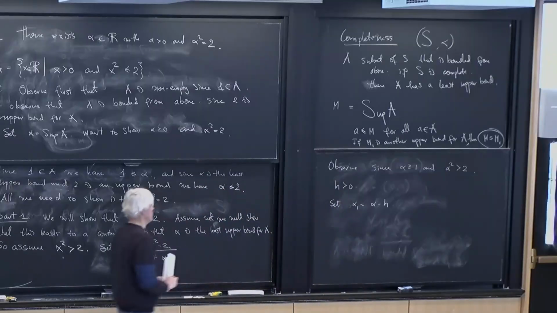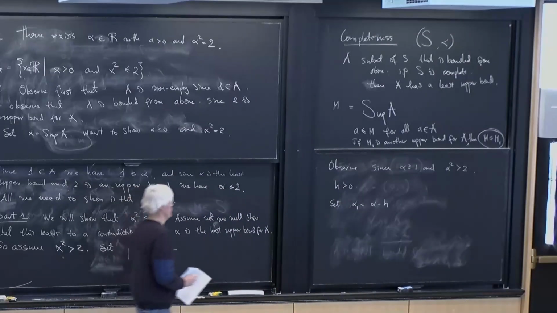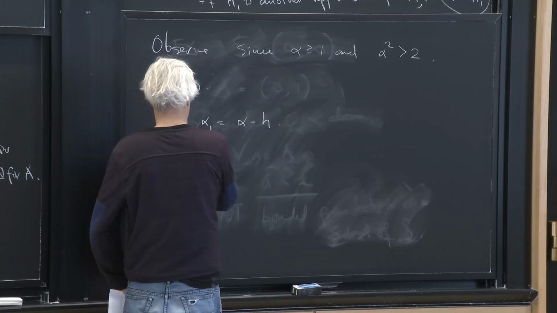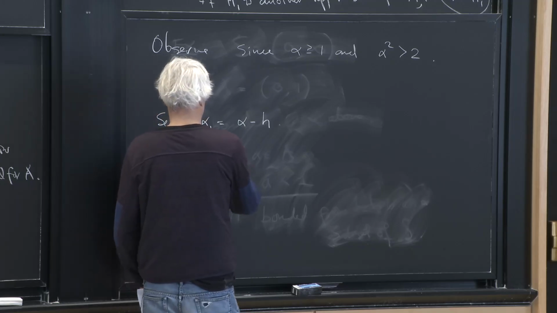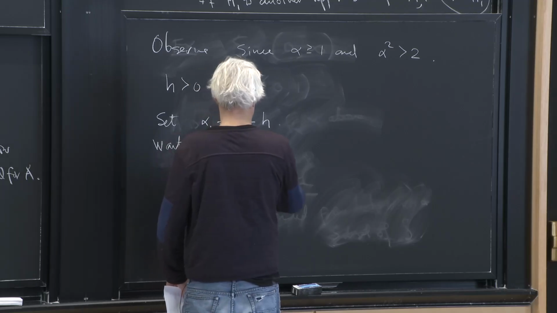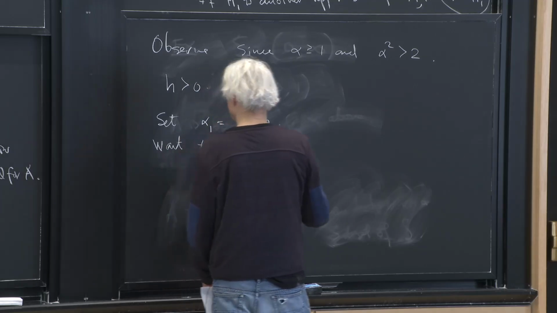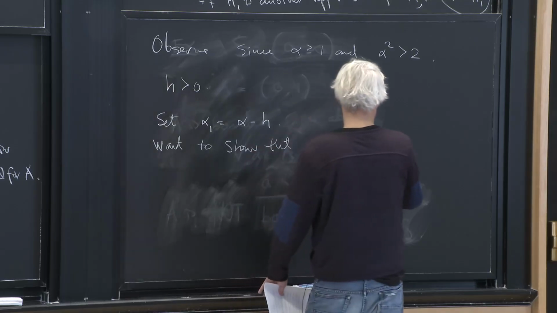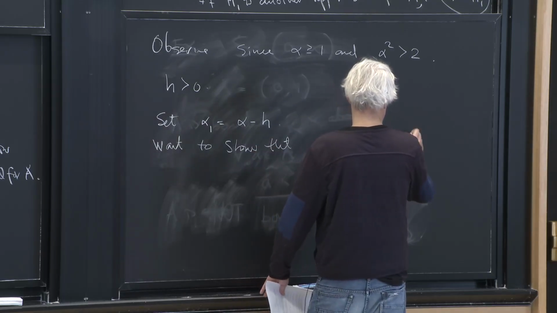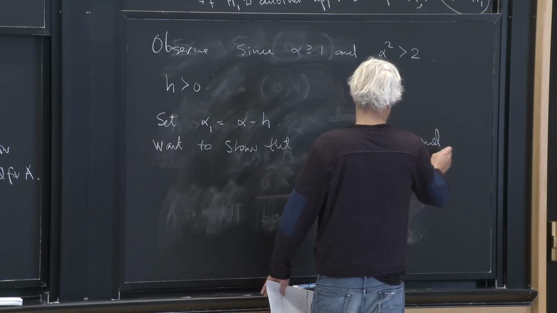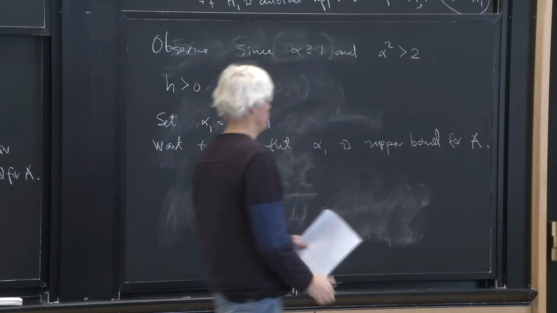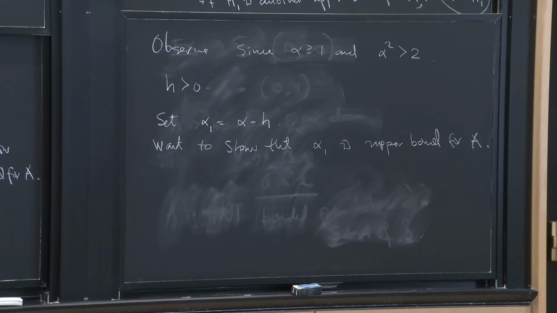And what I want to prove, so we want to show, is that alpha 1 is an upper bound for A.